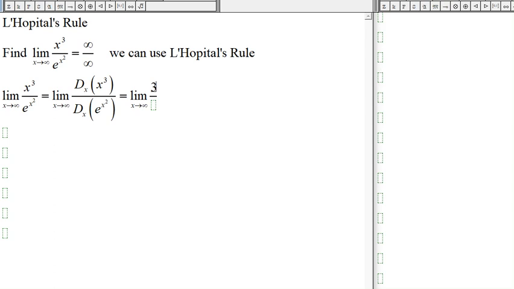For the top, we get 3x squared. And then remember that the derivative of e to the x squared is e to the x squared, times the derivative of x squared.